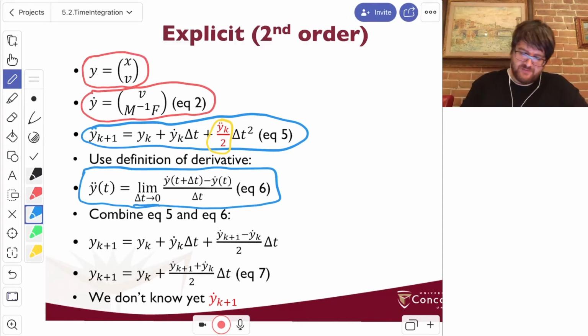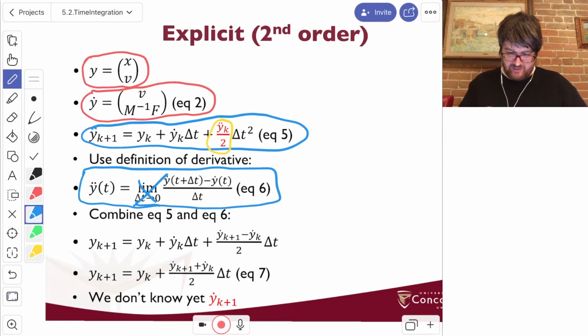All right, so how do we fit this limit in our case? Well, we already assume delta t is pretty small, so we approximate the second derivative using just delta t, basically removing the limit. Now we combine equations 5 and 6.